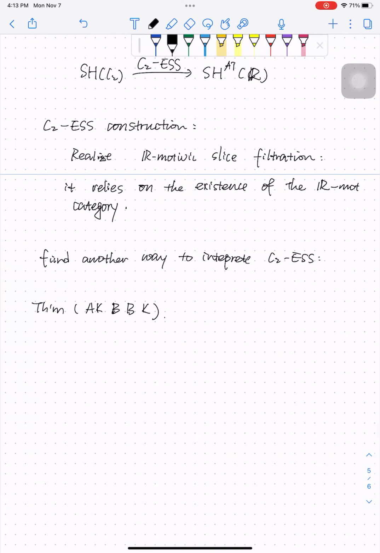So we find a way to construct a spectral sequence for general group C_p.